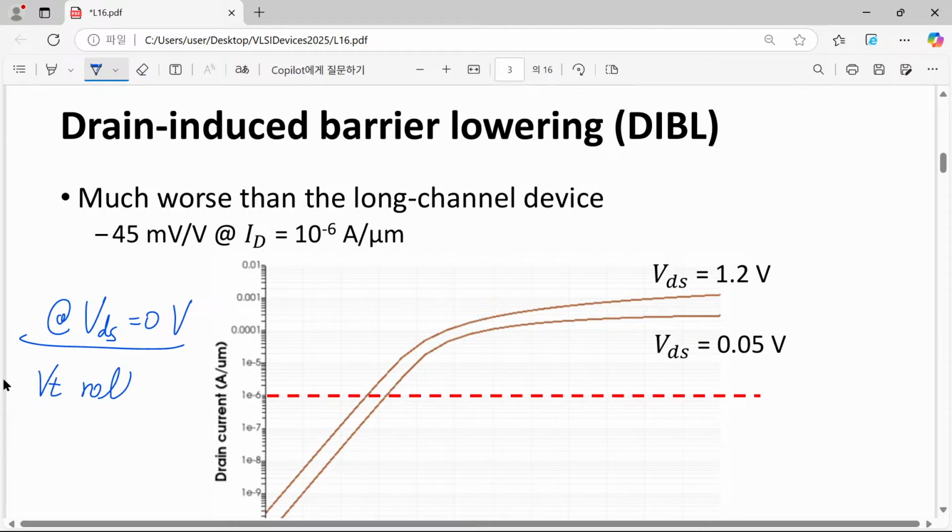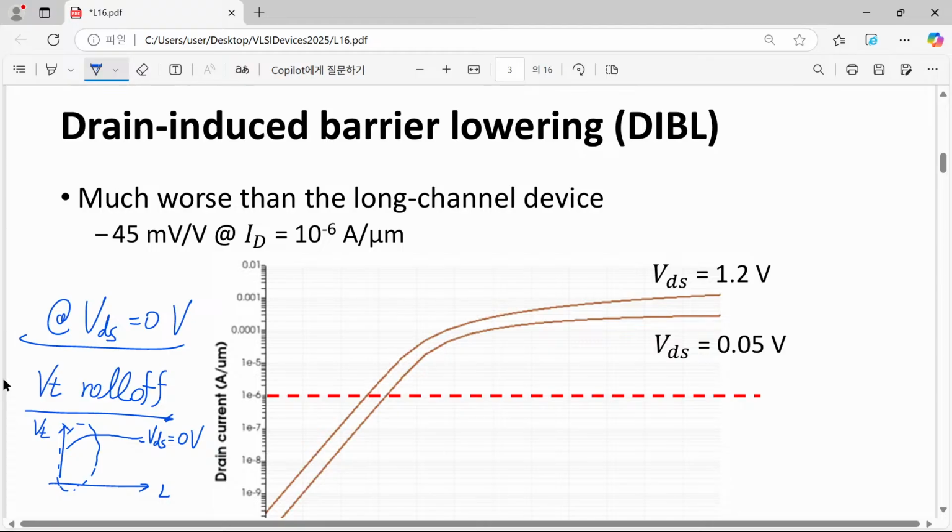Vt roll off means that if we reduce the length of our transistor, then threshold voltage can be reduced. So this is a short channel effect. That happened even when the drain voltage was quite close to 0 volt.